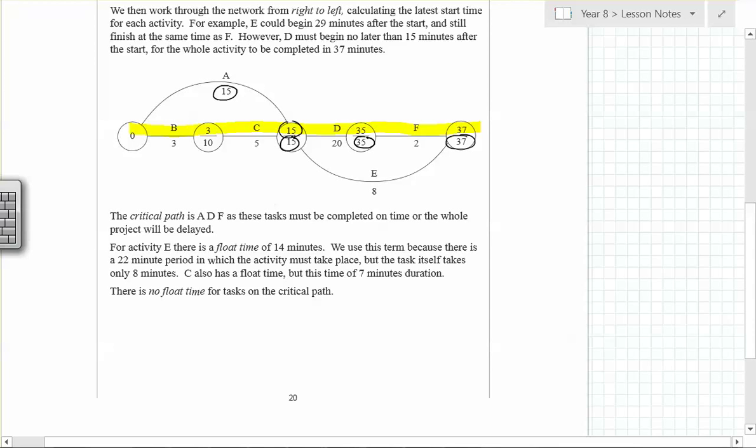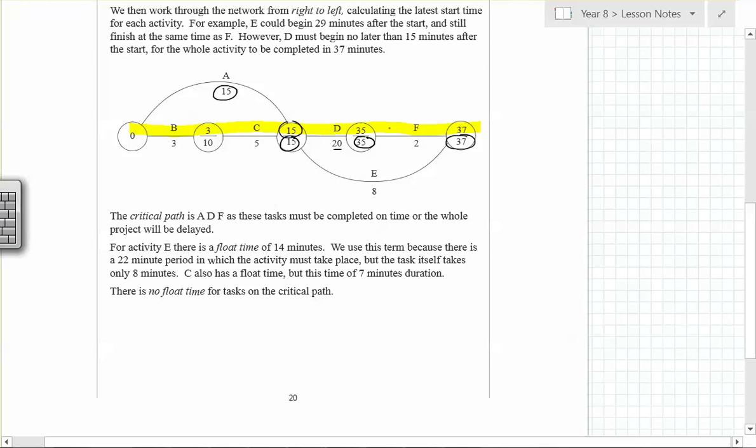Now, this one, because this takes 20 minutes, we've still got to have this started after 15 minutes for this to be done by 30. This E for 8 minutes doesn't affect anything. Okay? That just has to happen at whatever time. Yeah? Now there is a float time for E, is there not? Yeah? So actually, E does not need to be started, but because we start after C, we don't really worry about it.